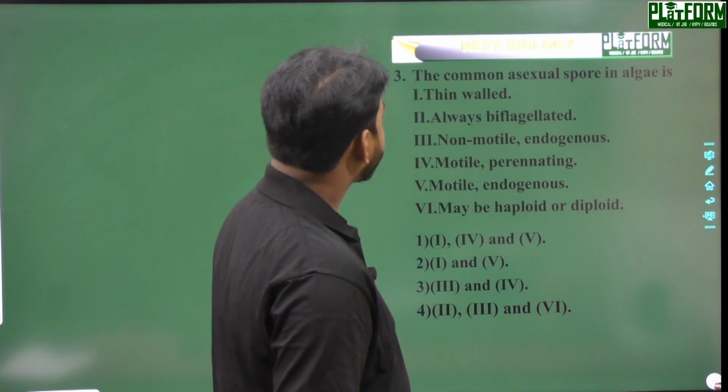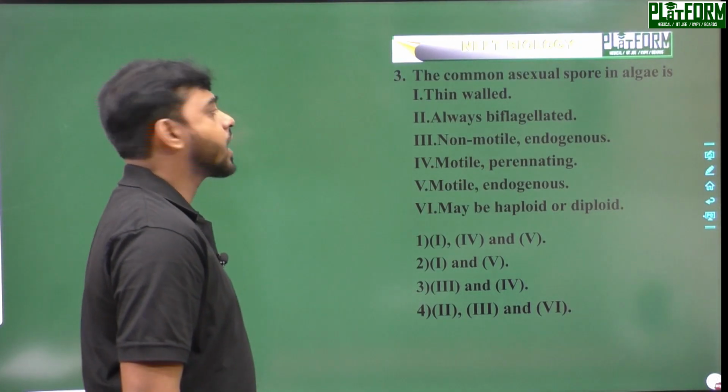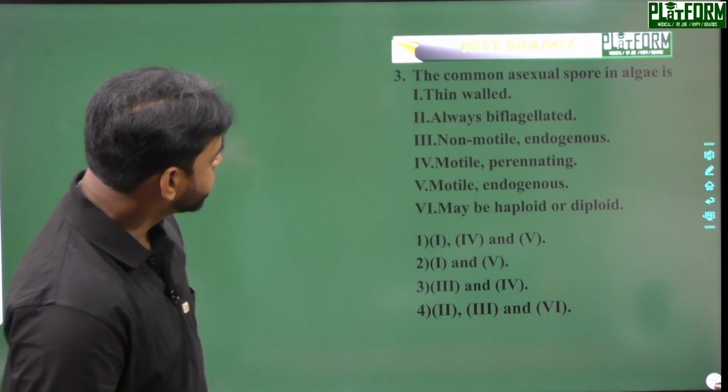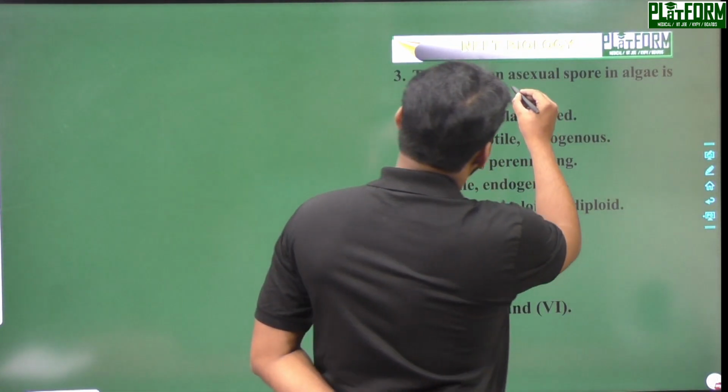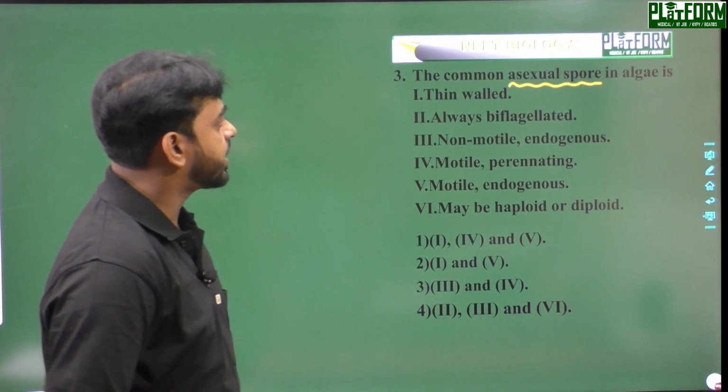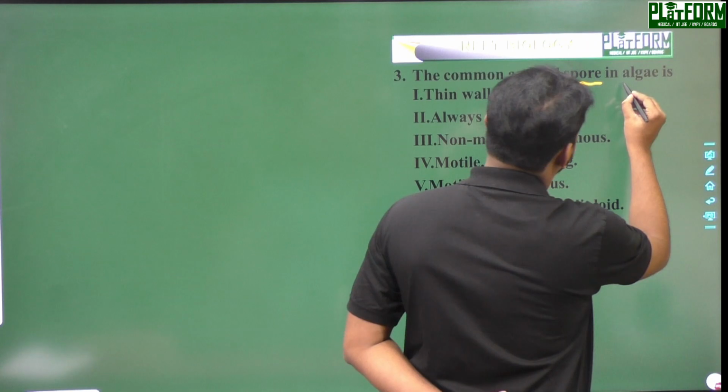Now, this is a question from the chapter The Plant Kingdom. So what is written? The common asexual spore which is present in the members of algae.